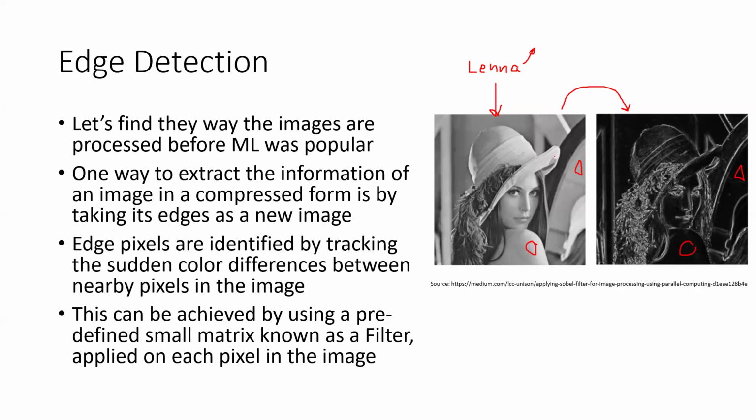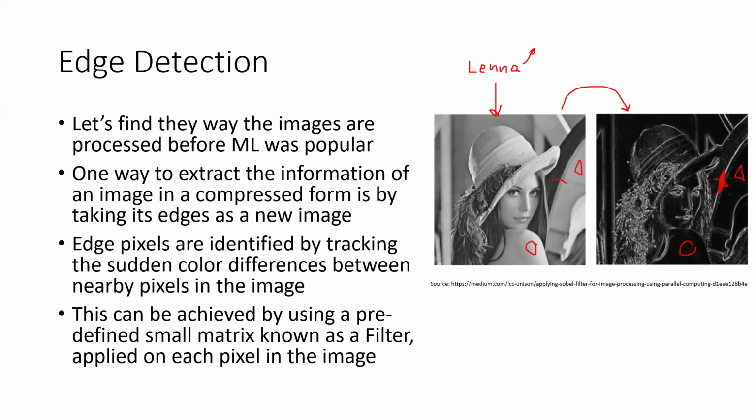But when you change from one color to another, like from black to white, you can find a very thick or very bright edge in this edge image compared to the other areas.